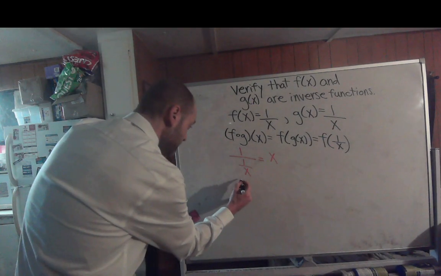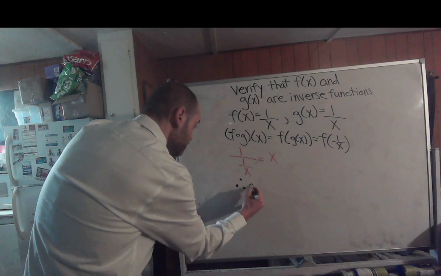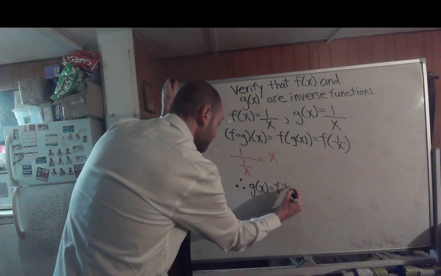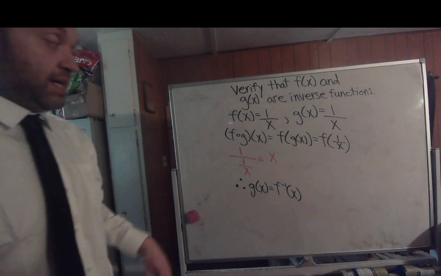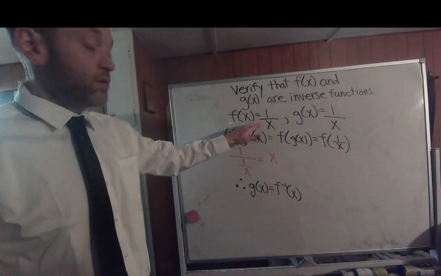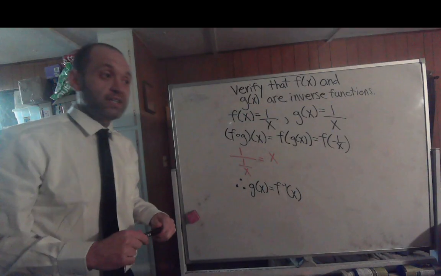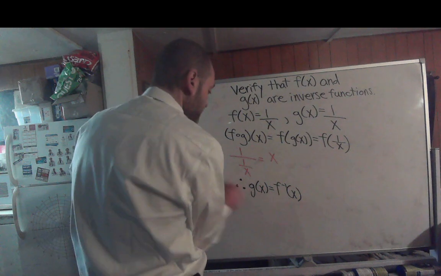Therefore, g of x equals f inverse of x. So yes, f of x equals 1 over x is actually its own inverse. Just like f of x equals x is its own inverse. That's kind of a cool tidbit of trivia there for you.